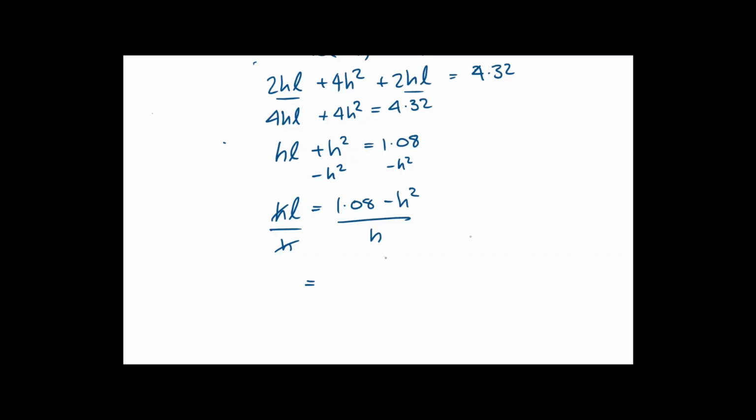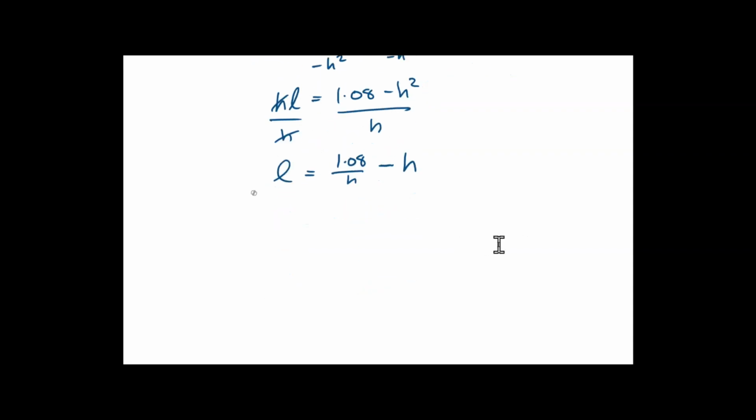And I'm going to do myself a bit of a favour. So 1.08 over h minus h squared over h is h. So L is that in terms of h. Now we're starting to get places.